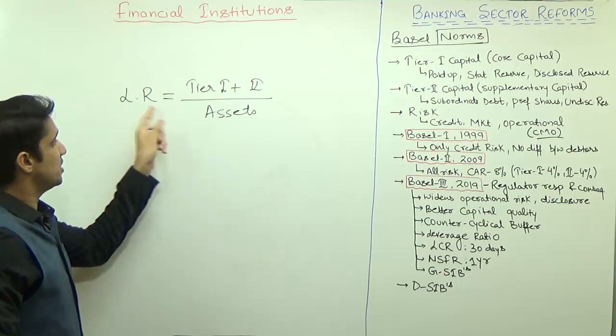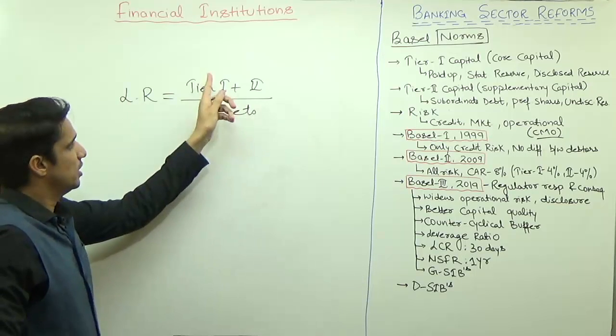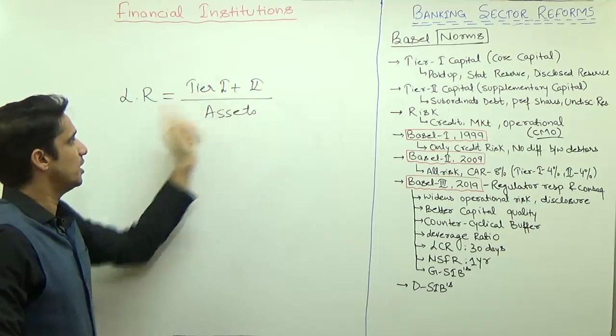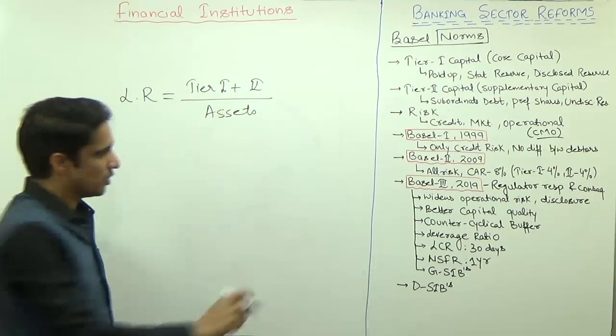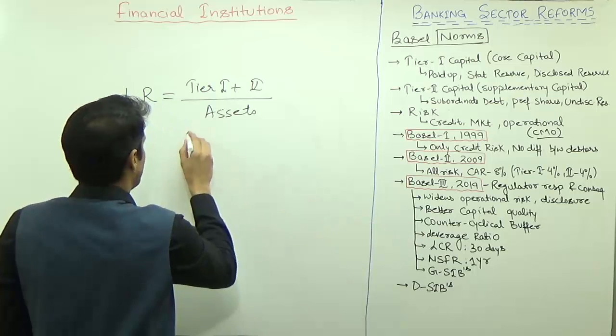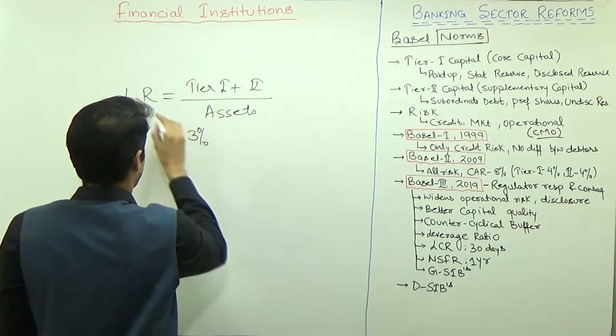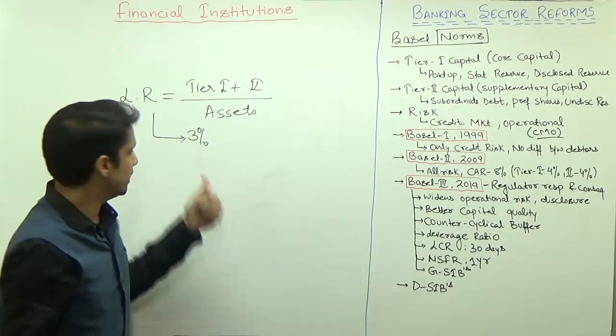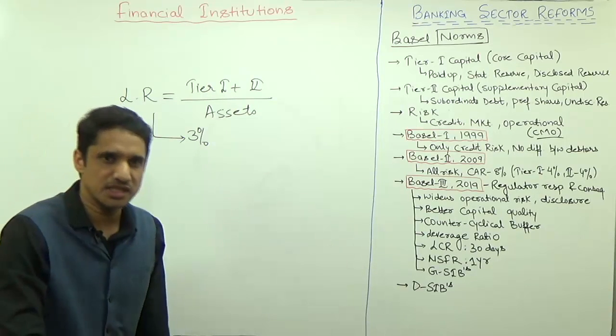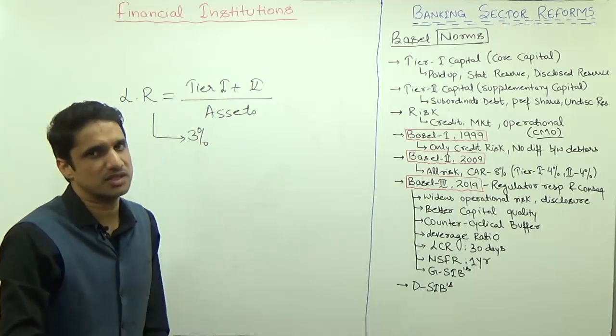But in case of leverage ratio, you are considering tier 1 capital, tier 2 capital divided by assets. So that is what the leverage ratio is, that is a new concept. At present its value should be 3%. The initial value is 3%. Finally that will be decided by the central banks of the respective countries.